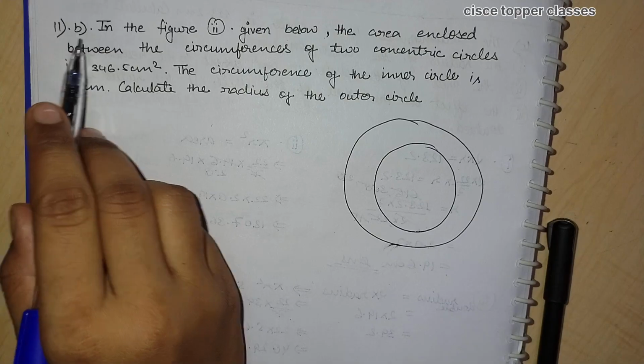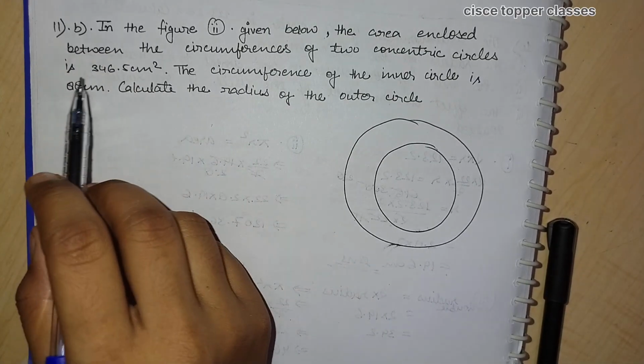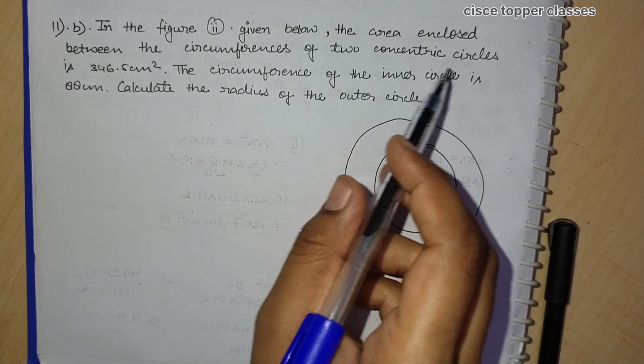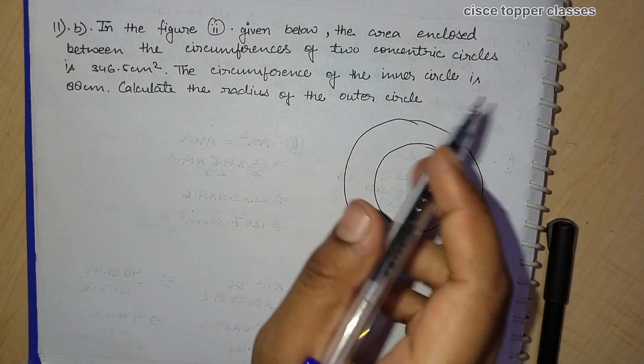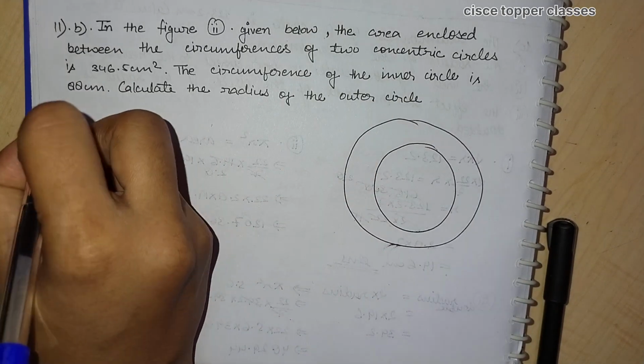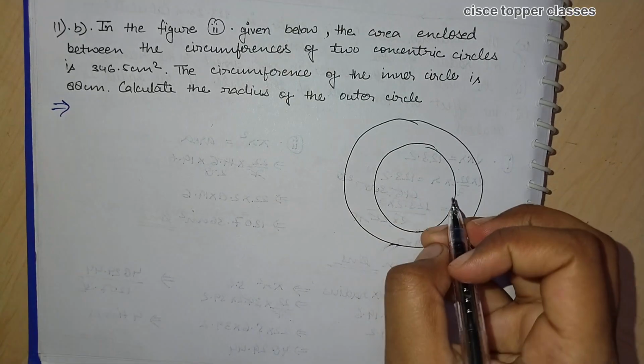Now let us solve the 11th second part. In the figure given below, the area enclosed between the circumference of two concentric circles is 346.5 centimeters square. The circumference of the inner circle is 88 centimeter. Calculate the radius of the outer circle.